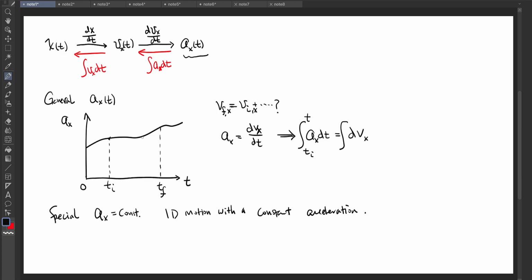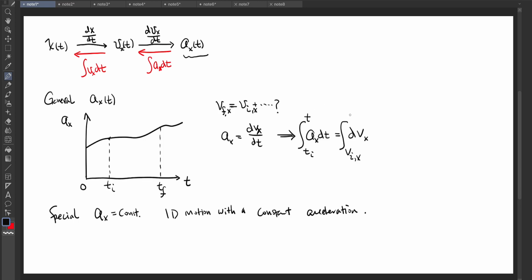Later on, if you want to know the velocity at t_final, you just plug in t_final here. So we don't need to put t_final here, although we do know the range we're interested in is t_i to t_final. Now, corresponding to the initial time, we have the initial velocity, we called it v_ix previously.